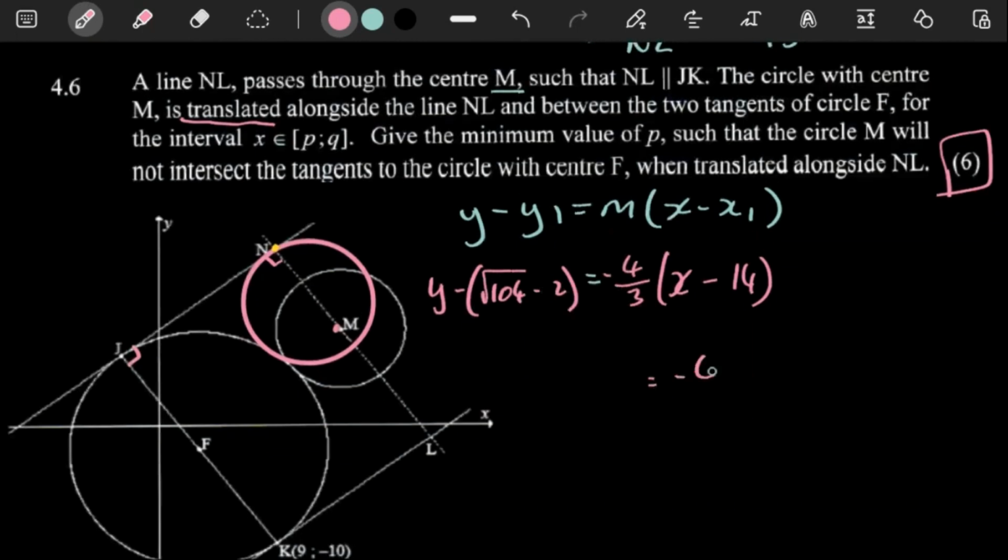Multiply inside there, and then that's -4/3 times -14, which is going to be 56/3. Then here we have y minus square root of 104 minus 2.